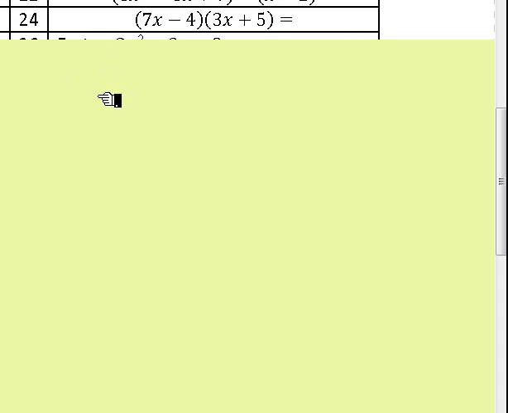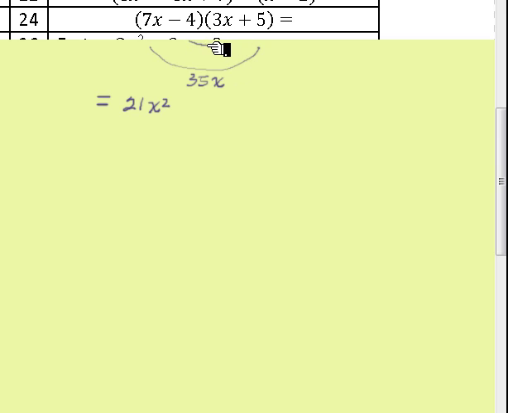Number 24, we have a FOIL multiplication. So first 7x times 3x, that's 21x squared. Okay, then we're multiplying the outer terms, and we have 35x.